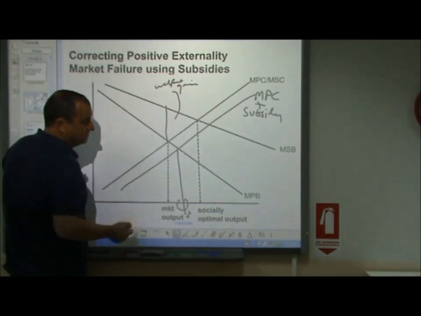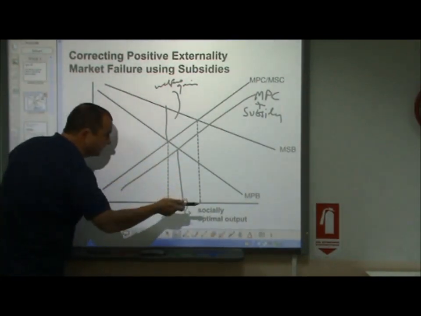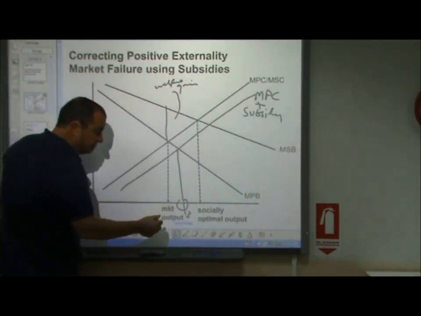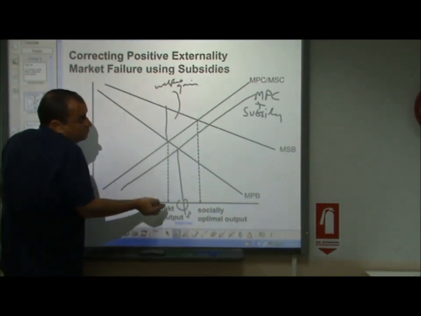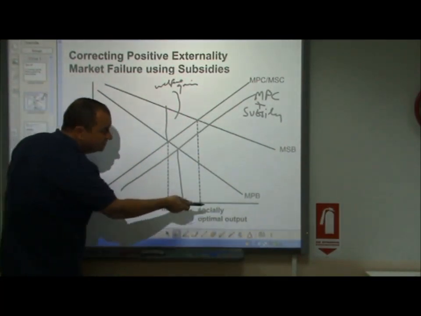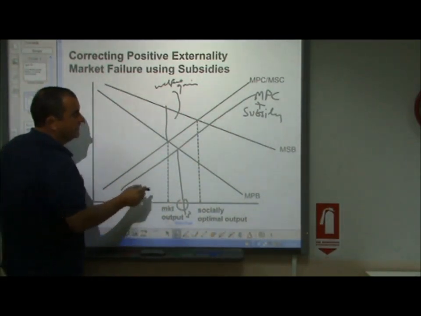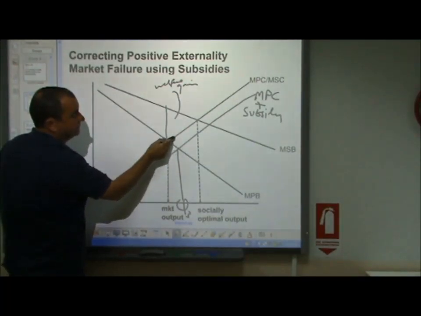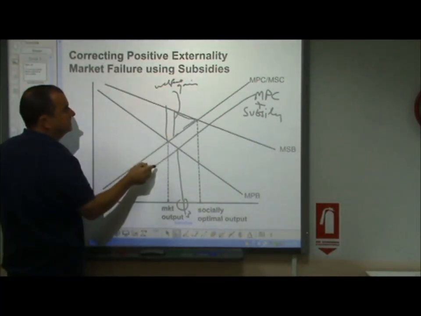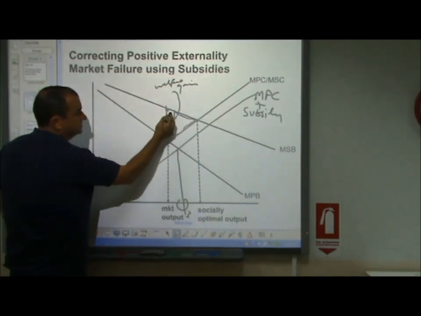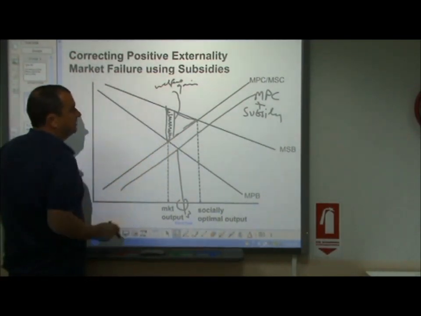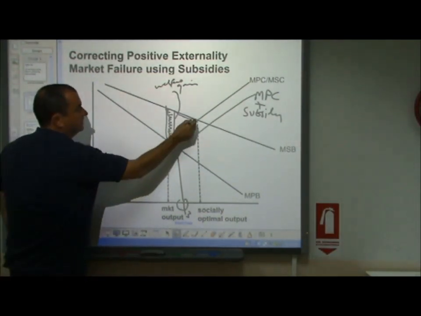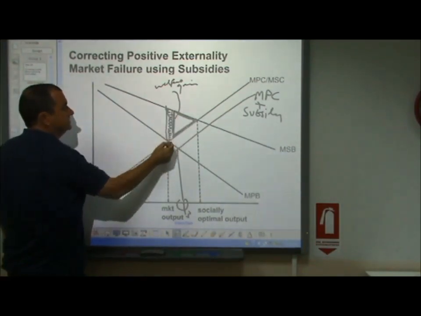Now, it's not at the socially optimal level yet because the subsidy wasn't big enough. But it's an improvement. The new market generated level of output is closer to the socially optimal level, and the size of the welfare gain remaining to be earned is being reduced, so that the externality has been reduced by that much, and now the new market welfare gain is there.